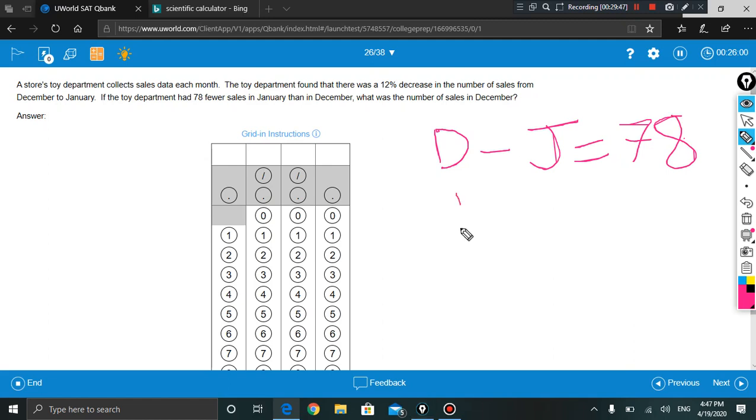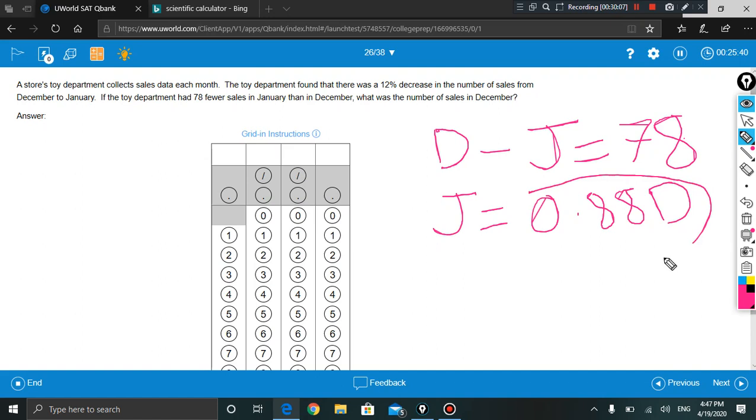And then we also know that January is 12% less, which means it's 88% of D. So this is equal to 0.88 D. Of course, I'm converting the percent into decimal. We're just dividing by 100. Okay, so we can substitute that in the equation above. Instead of J, we're going to put 0.88D, and then we want to find D. So that should be easy, okay?